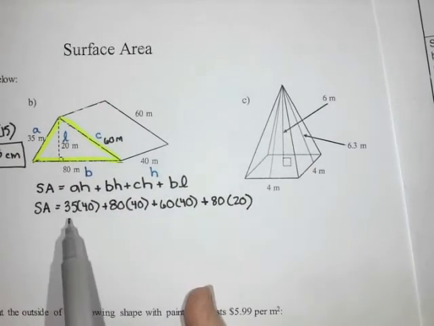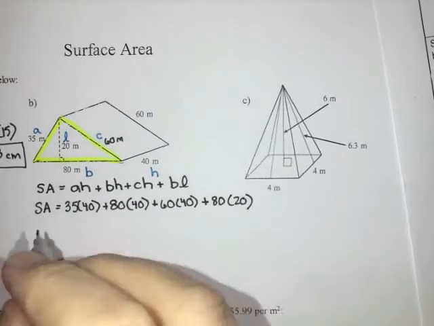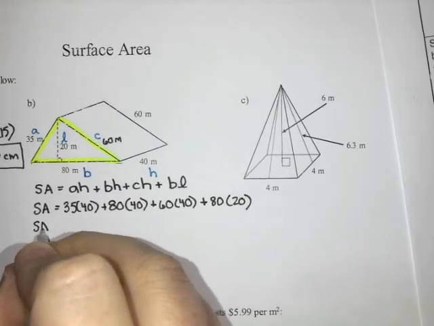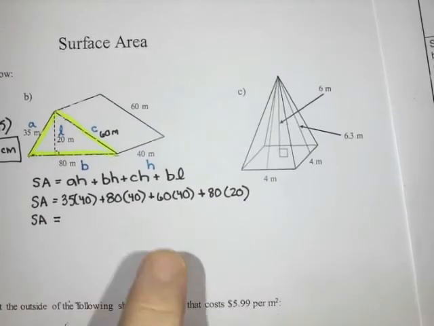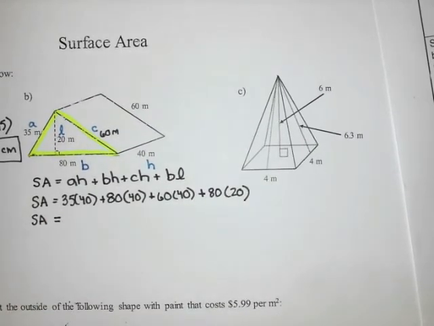Okay, I'm going to start by doing all of the multiplications, right? Order of operations says that we multiply before we add. So I'm going to do 35 times 40, 80 times 40, and then all of the multiplications.